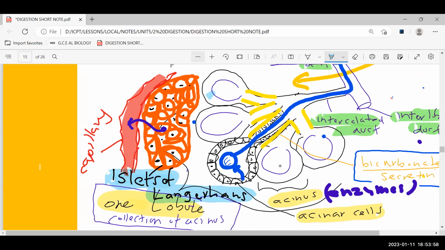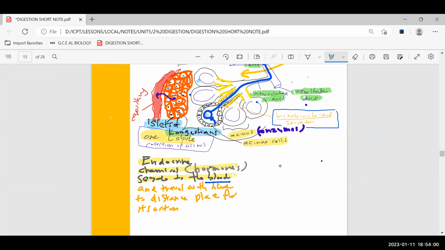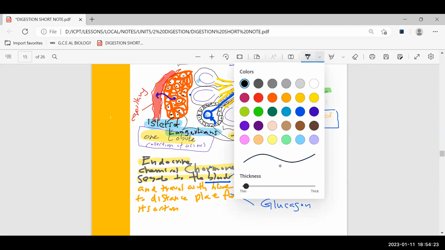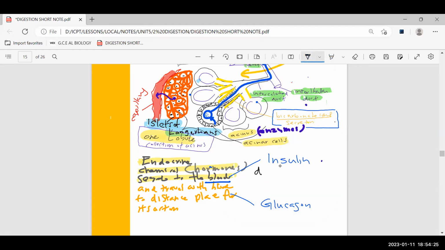Okay, so what are the hormones produced by the islet of Langerhans? There are two hormones. Hormone number one, insulin. Hormone number two, glucagon. Insulin and glucagon. What is the function of insulin? Insulin decreases blood glucose.